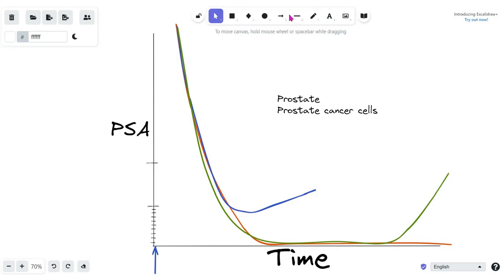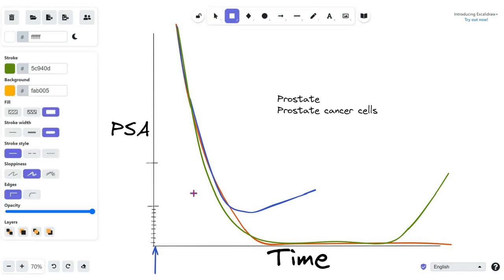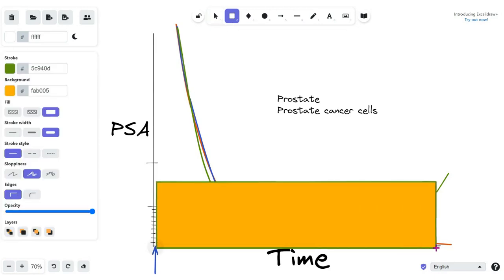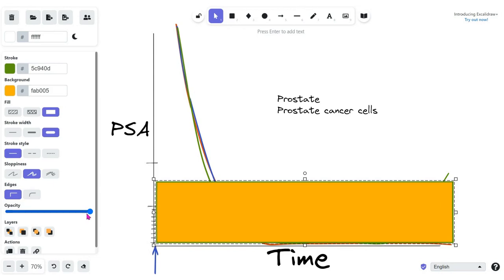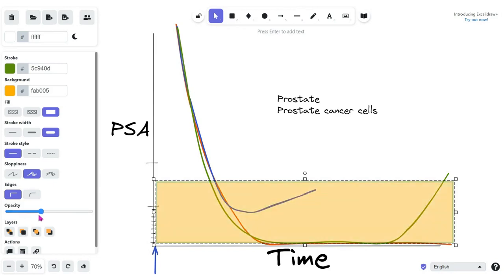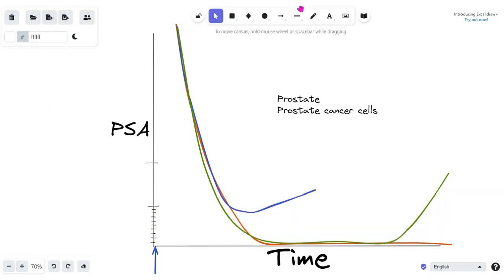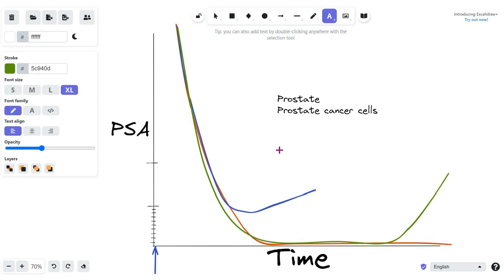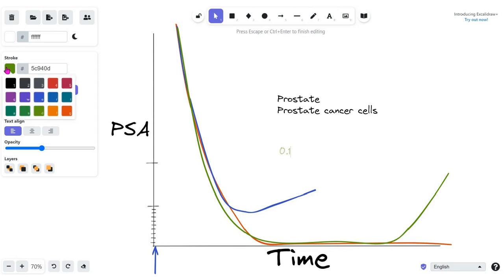Now, the point of confusion is this muddy area down here where we may be confused or not sure how to interpret these low values. Okay, and there's two different types of PSA checks. You can get a regular PSA, which has a threshold of 0.1, which is the lowest level that can be detected.